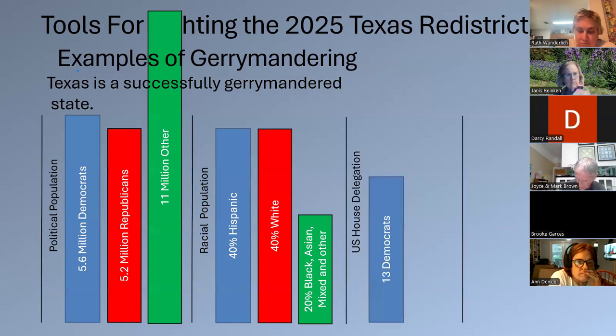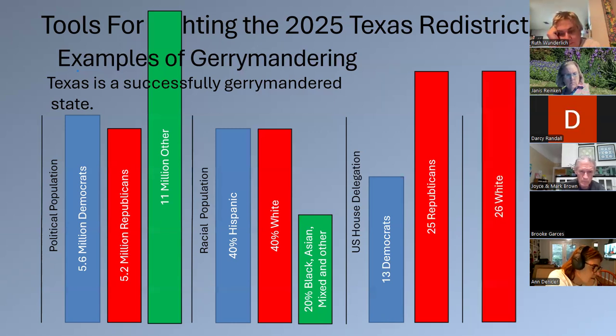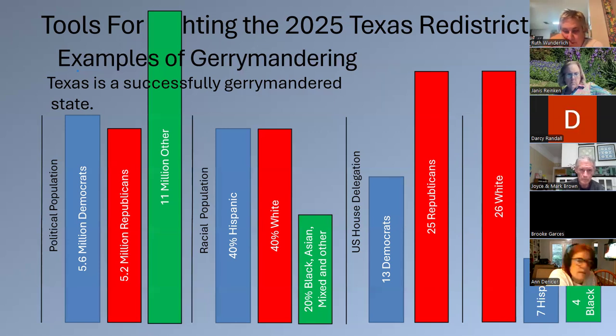What do we have? We have 13 Democrats and 25 Republicans right now. And the racial makeup, which you can see does not match the political setup. For the racial setup currently, we have 26 whites, 7 Hispanics, and 4 blacks. So you can see it doesn't match anywhere near the racial setup.